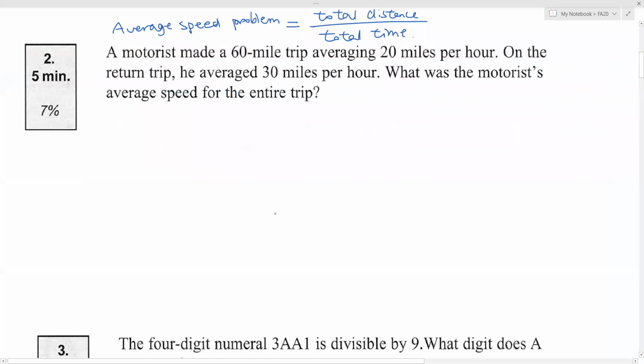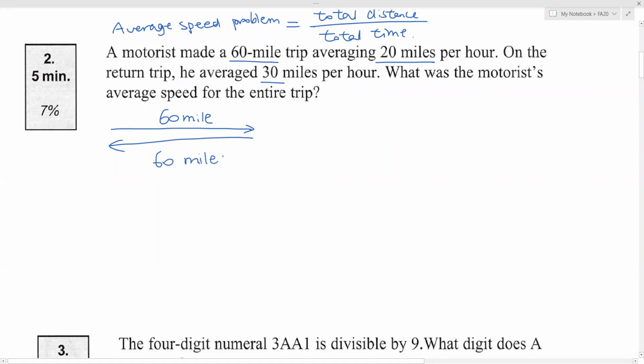So first I drew a line representing the range equals 60 miles. So that would be the trip, and so that would be like one way. And then I drew an arrow representing 20 miles per hour.